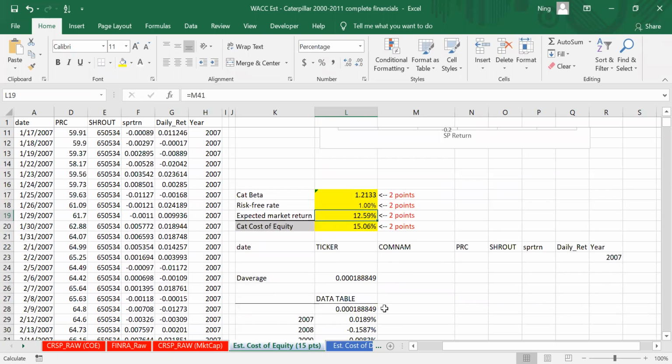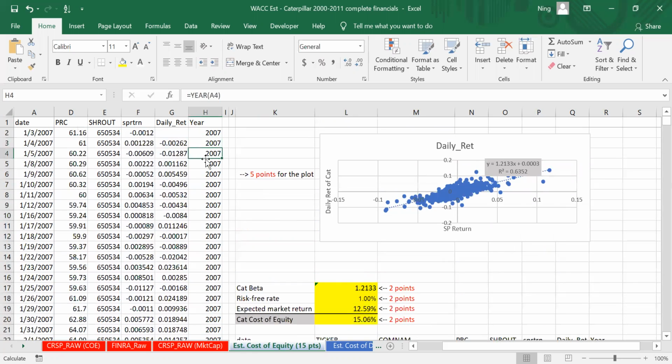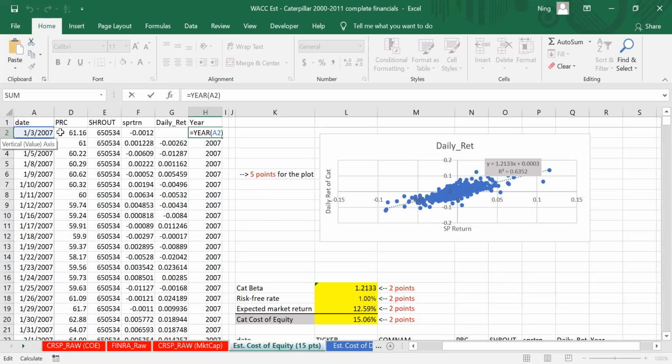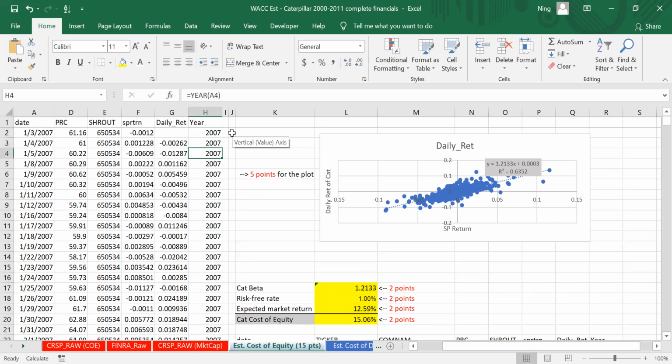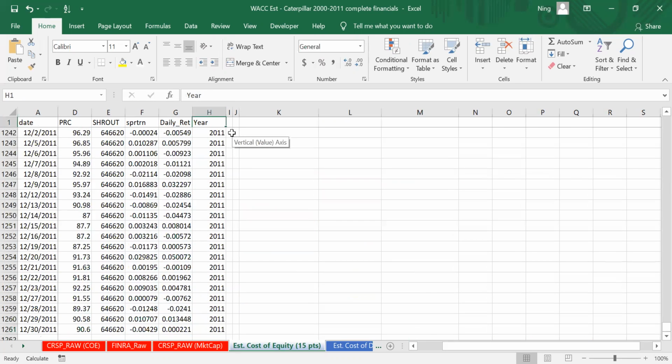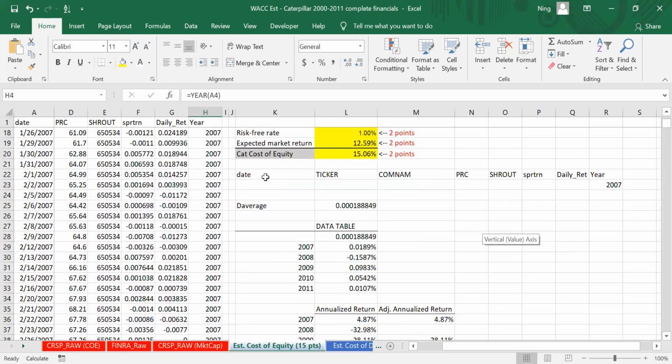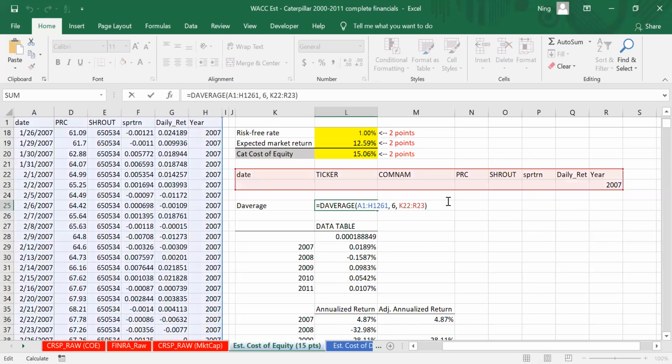You can use the database function. So that means we first have to use the year function to extract the year stamp for each of the daily trading dates. And then once we create the year stamp column, we can use the database function to apply a limitation to the year variable to restrict to year 2007, for example, and then compute the daily average return for S&P in 2007.